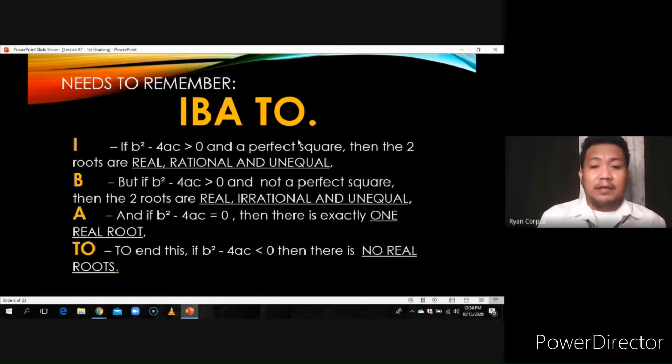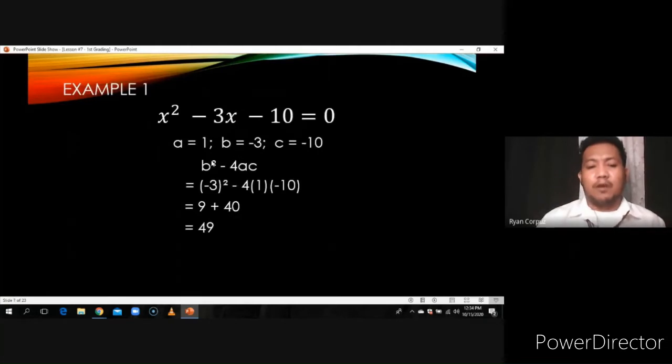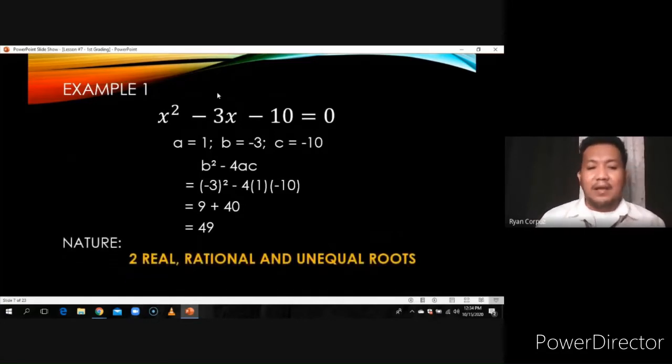Since 49 is a perfect square, therefore, we can say that the nature of the roots of this quadratic equation, if we are going to solve it, is two real, rational, and unequal roots. In other words, if we solve this given quadratic equation, we will come up with the solutions as exact values.